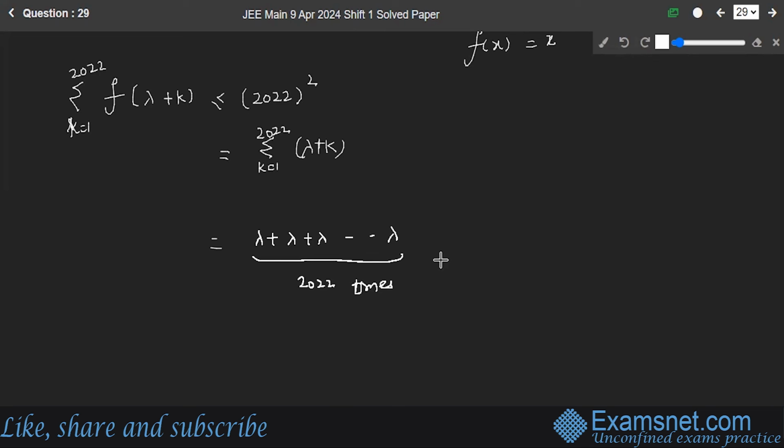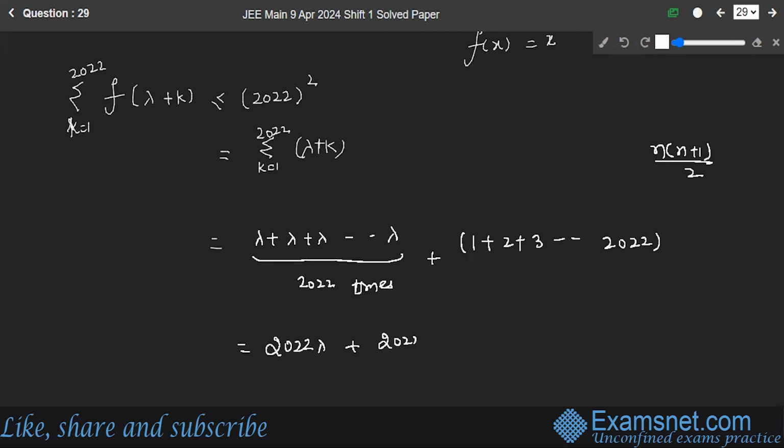And then it will be k, which will be 1, 2, 3, till 2022. So this makes it 2022 lambda, plus the sum of n natural numbers, which is given by n into n plus 1 upon 2.